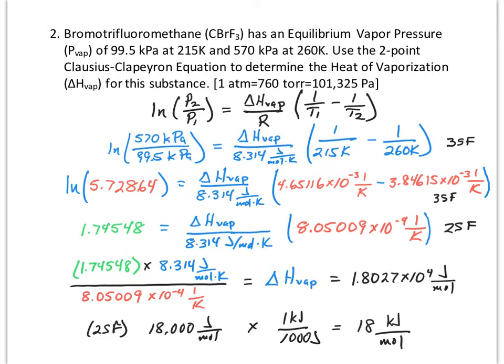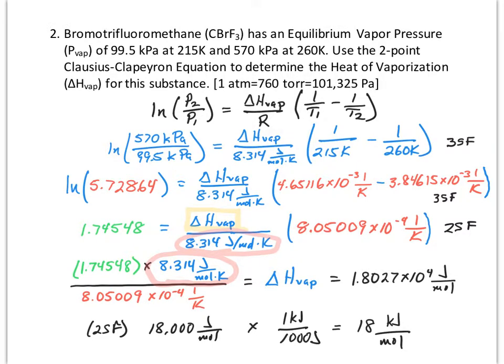So at this point, we've reduced our numbers. Now we have to do some algebra to isolate our variables, right? So our variable we're trying to isolate is this one, right? So we have to multiply both sides by 8.314, right? That's going to move 8.314 to the right because that 8.314 on the left will cancel that.